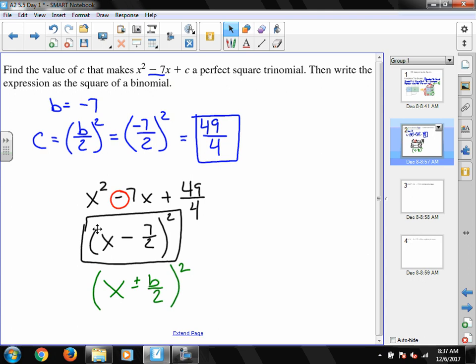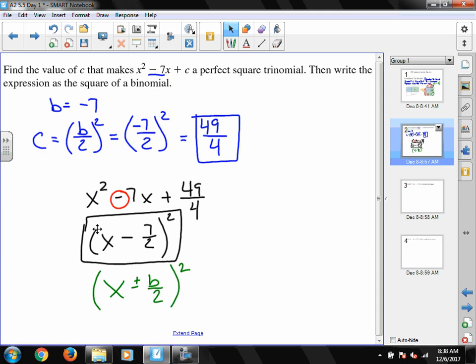That is the sign that will be in your binomial that you are working with. The reason we make these is that we know how these are going to factor down, so then we can go ahead and use our square root method to solve these, and we've had practice with those.